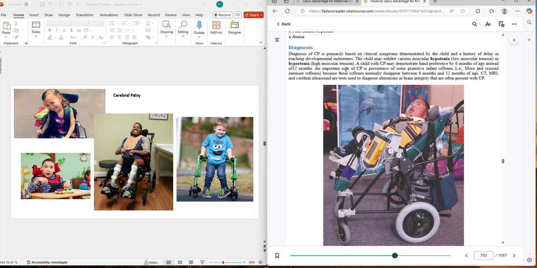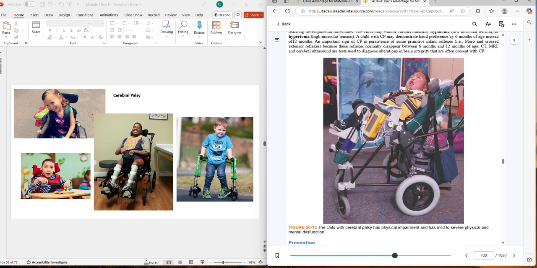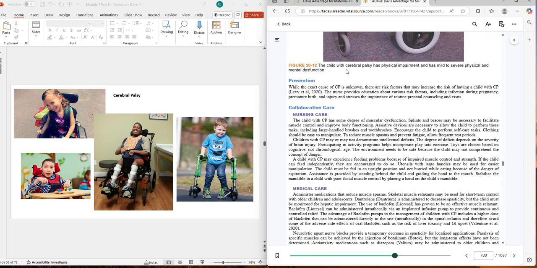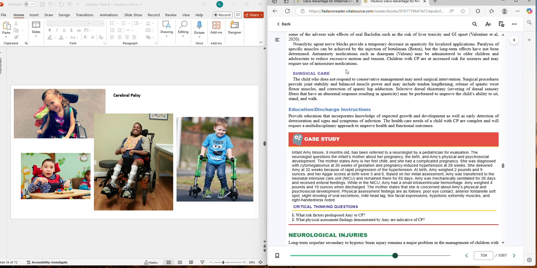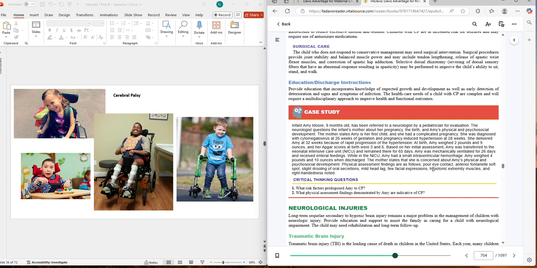So don't assume that you're dealing with an intellectual special needs child. This is just a physical part. Most of these children are normal, intelligent when it comes to their intellect. Okay. There's a case study here I want you to make sure you do.